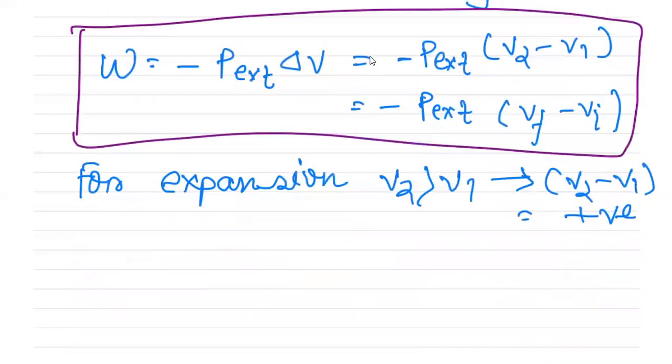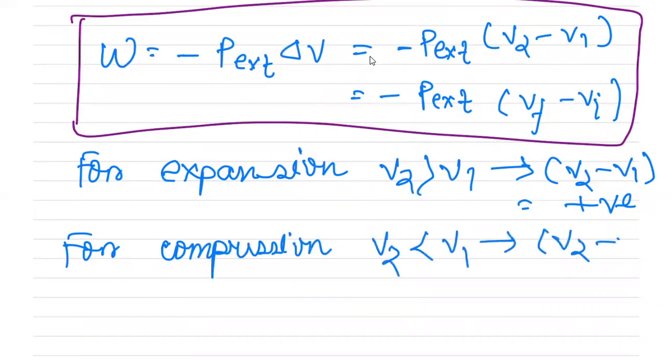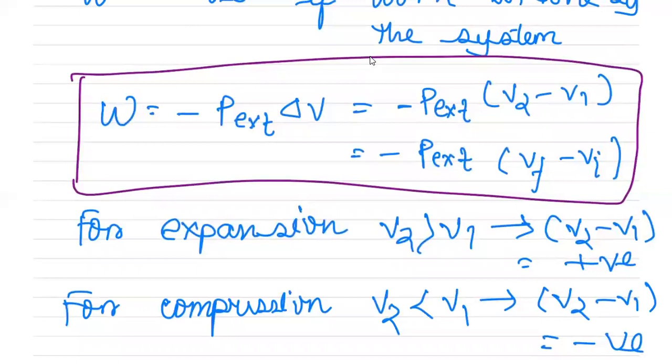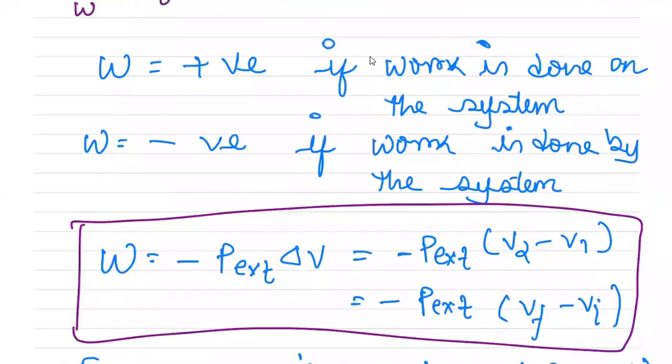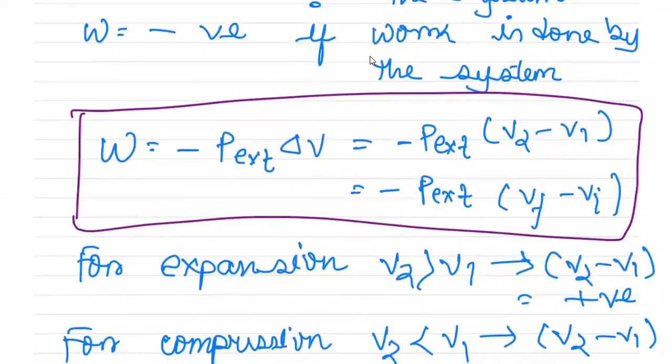For compression, V2 is less than V1, so V2 minus V1 becomes negative, and W becomes positive. W positive means work is done on the system. So with the help of this equation, we can easily solve work done problems. Tell me, clear or not?